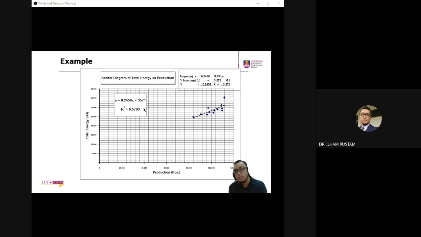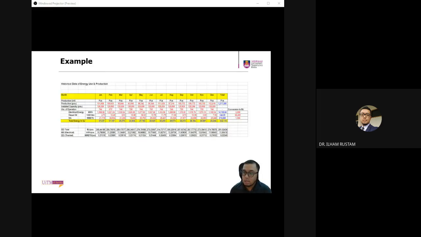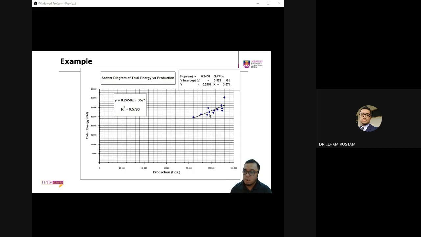So next year do it again, collect the data and plot the same data. Make sure the line is as vertical as possible, which means your efficiency is much better because the slope is almost flat. Then you'll be able to claim that the energy management program that you have introduced is applicable and good, and then maybe review accordingly. Okay.